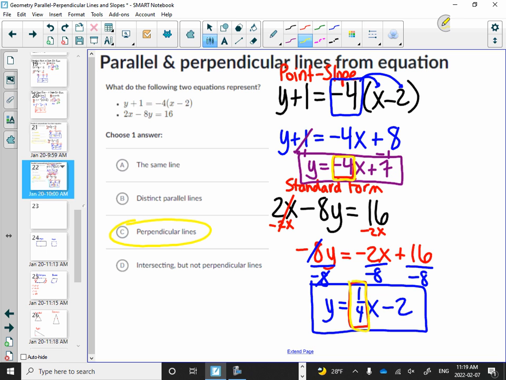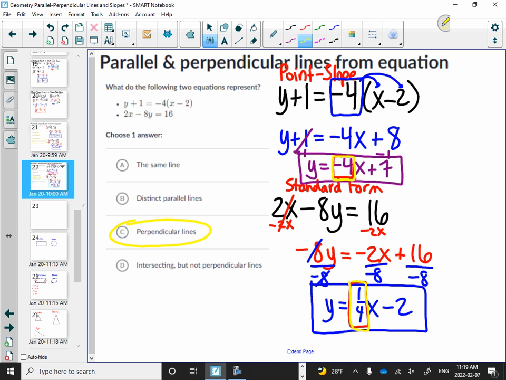However, if the slopes are the same, let's say that was a 1/4, and then you convert this one and you get 1/4. Now do I need to do something different? Yes, because now if I'm in this form, I don't know what the y-intercept is. So it could be same line or it could be distinct parallel lines, and then you might need to convert it. Does that make sense?